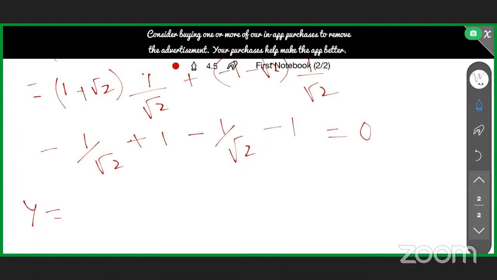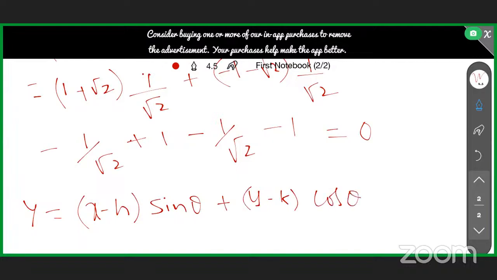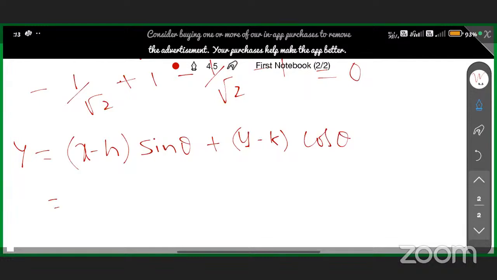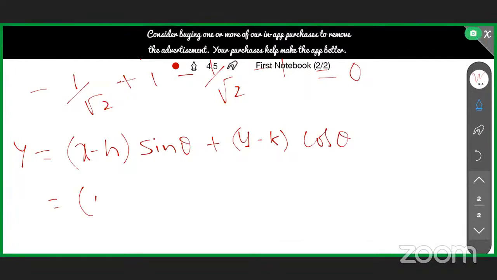Yes, sir. Now we have to find Y. Y is equal to (x minus h) sin theta plus (y minus k) cos theta. The x value is 1, minus of minus root 2 is plus root 2, into sin theta, which is minus 1 by root 2, plus the y value, which is minus 1, minus the k value minus root 2, into 1 by root 2.